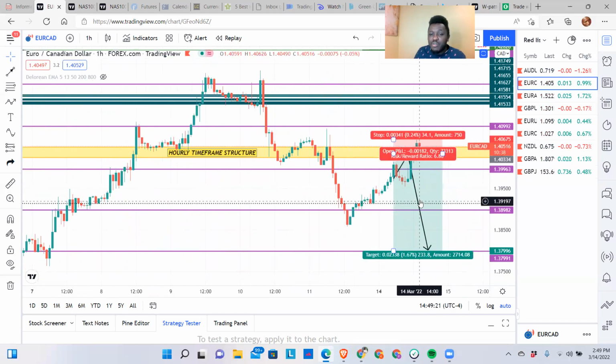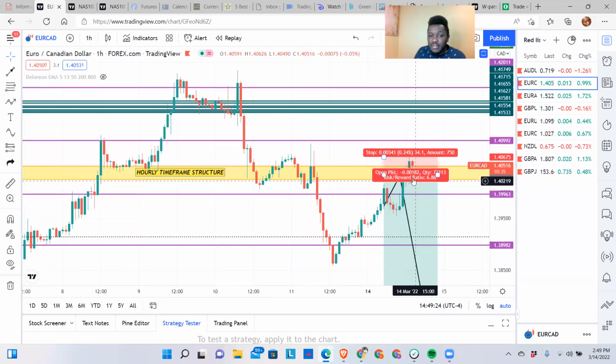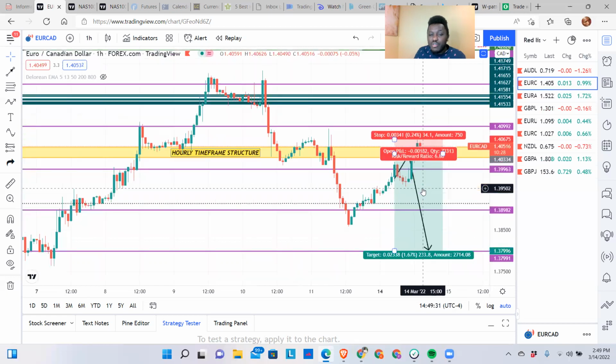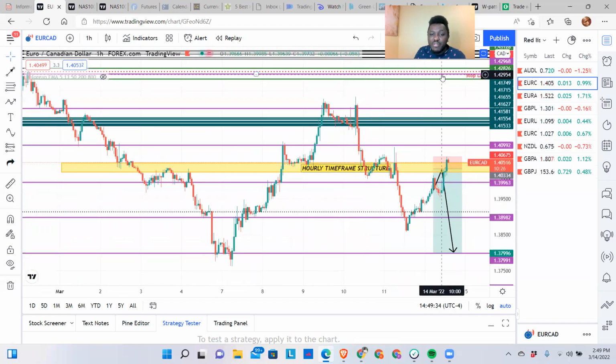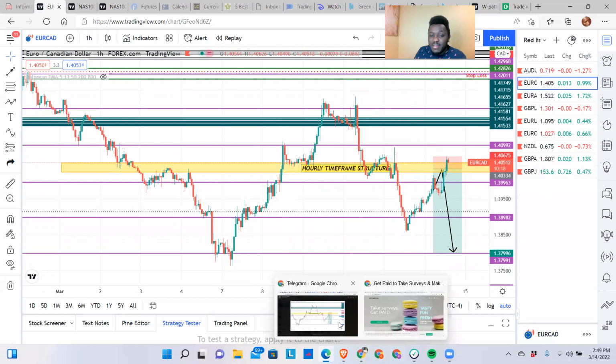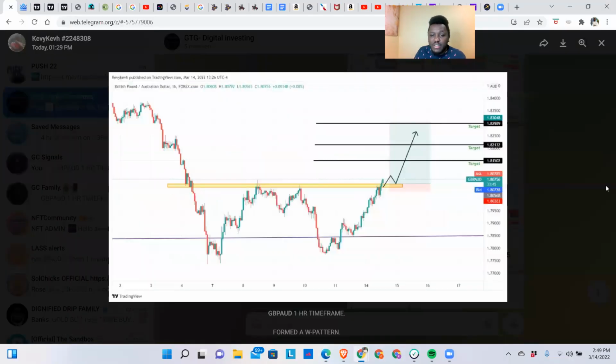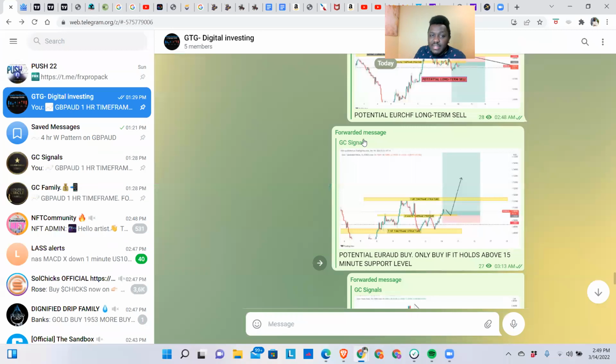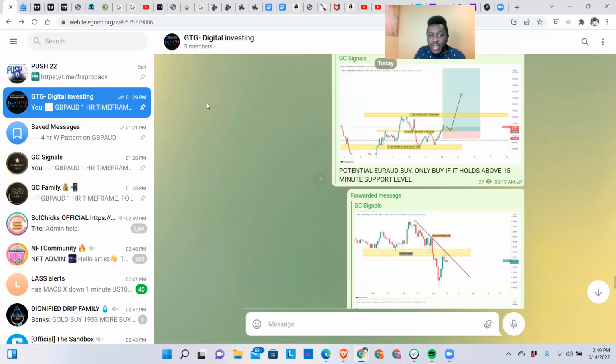The other thing I'm probably going to do is the moment it goes into profit, maybe comes back here, I'm going to move my stop loss to break even, just because I think there's a chance it might reverse and push up, based on how it looks on the 4 hours. So that's another thing. See, I'm learning also at the same time. This is GBP AUD. We already went through that, and pretty much that's the analysis that I sent into the group, right?